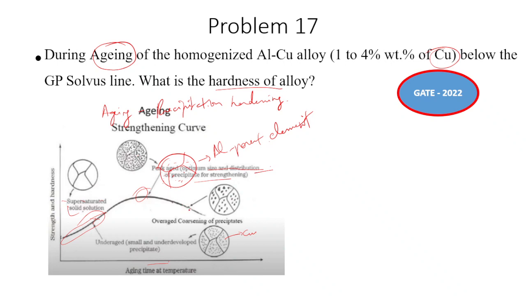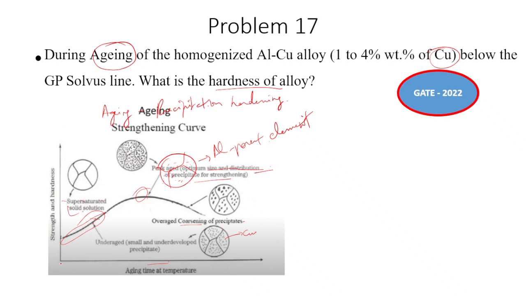But beyond a particular time at the same temperature, the precipitates begin to coarsen, and then the strength becomes lesser and lesser.